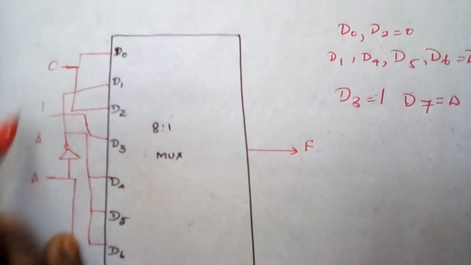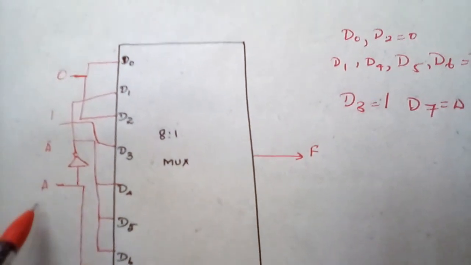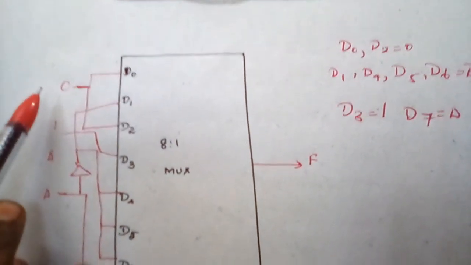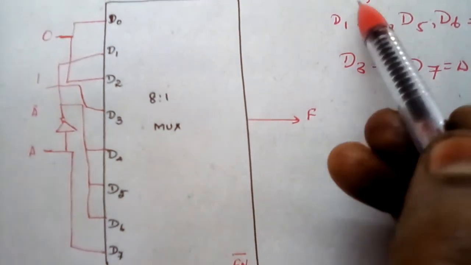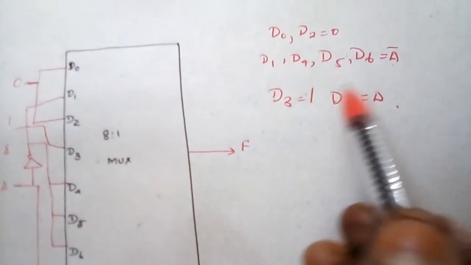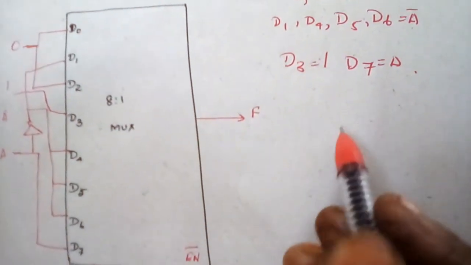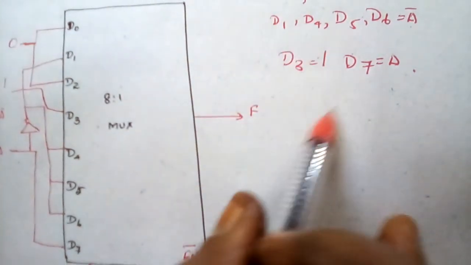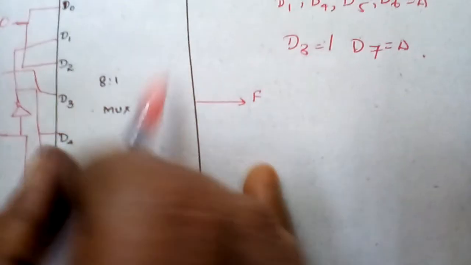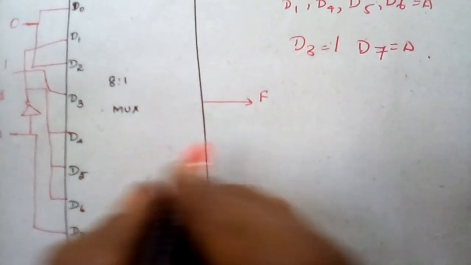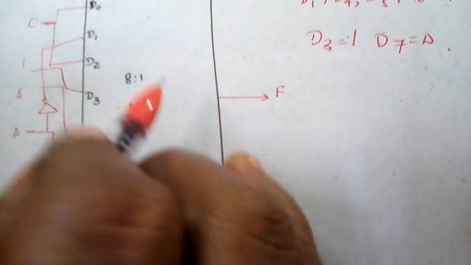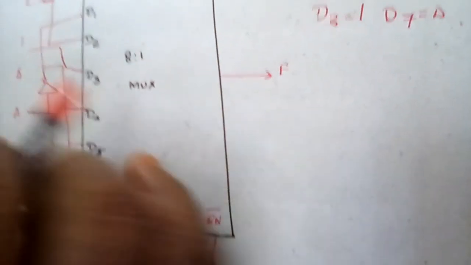And 0, 1, A bar, A, this is the output we obtained from the implementation table. Here D0 and D2 are 0, D1, D4, D5, D6 are A bar, D3 is equal to 1, D7 is equal to A, right? So for the obtained output, we have designed the 8 to 1 multiplexer of the provided function. In such a manner, you need to design the cases.